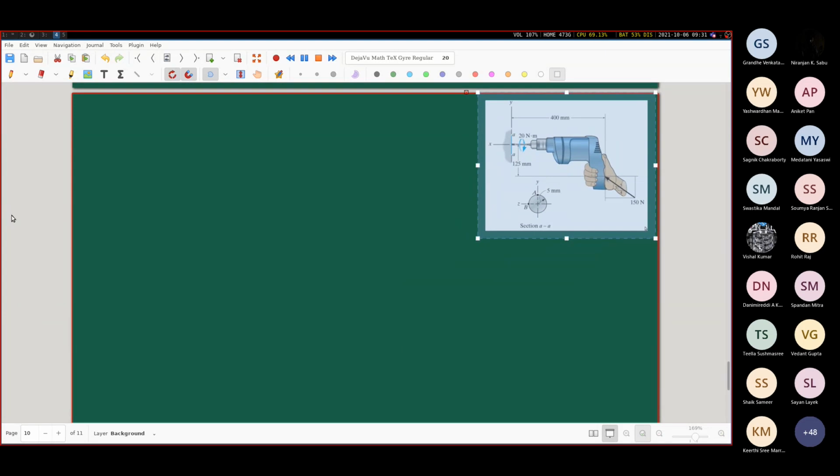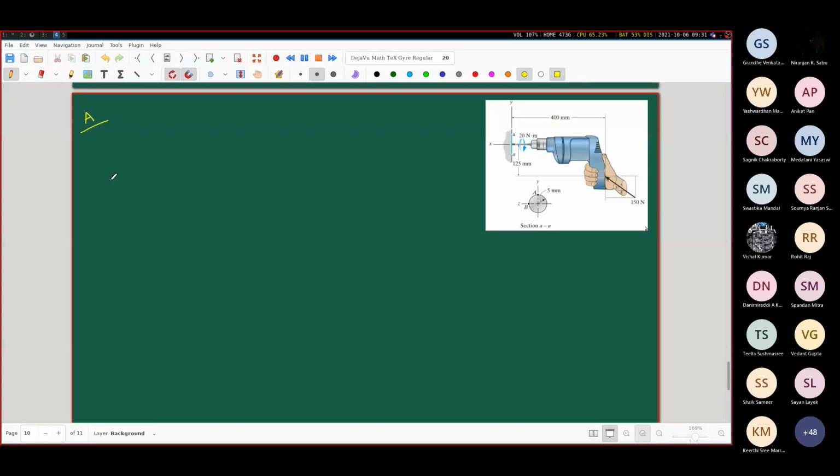All this we have found out. Now we want to find out all the stresses corresponding to the point A that you see here on this cross section. In your hand you now have the values of all the forces, moments, torques, everything.